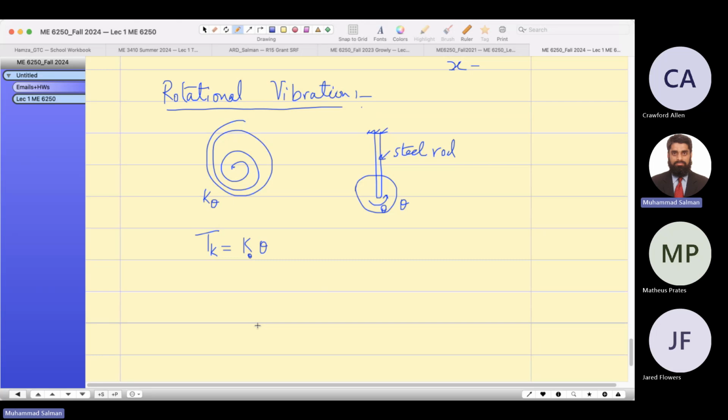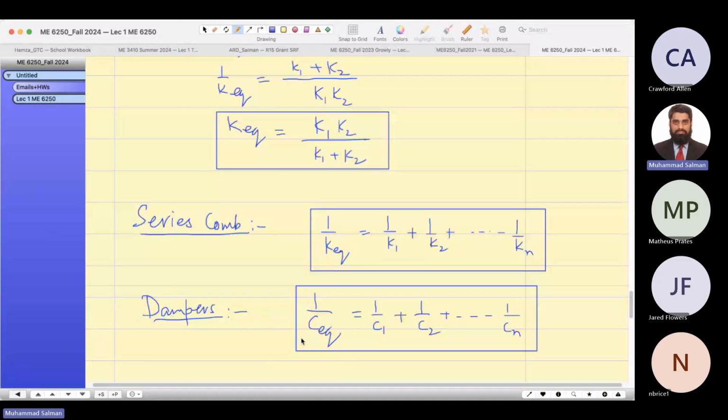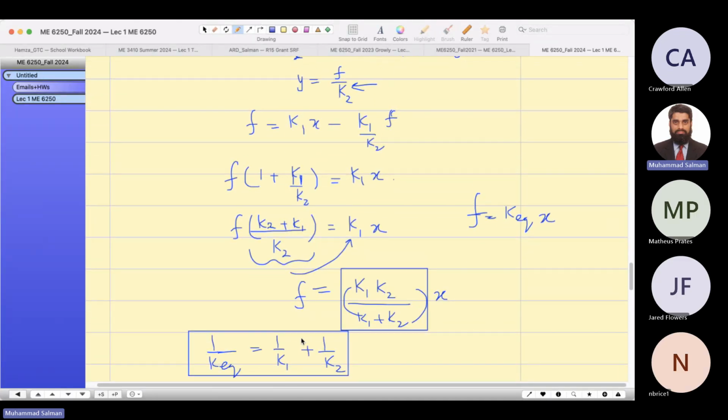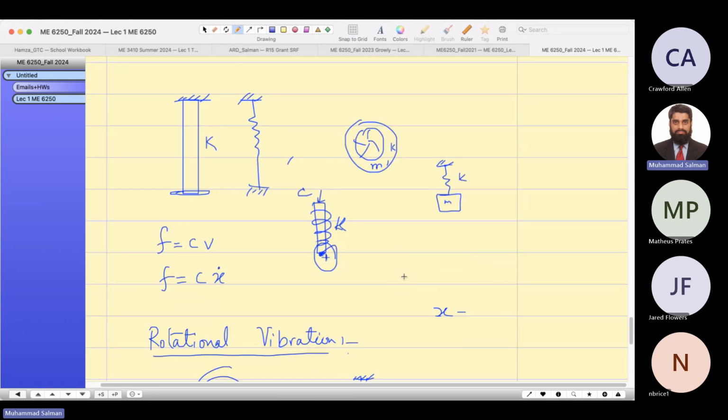We don't say force equals K times theta; we say torque equals K times theta. And here K is in Newton meters per radian. This is the unit of the stiffness. Can you guess what the unit of stiffness is in linear springs? Can you guess?